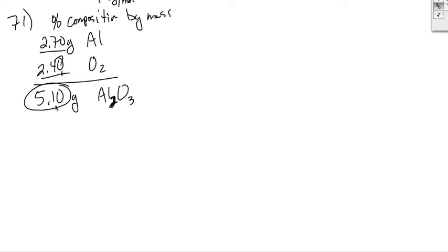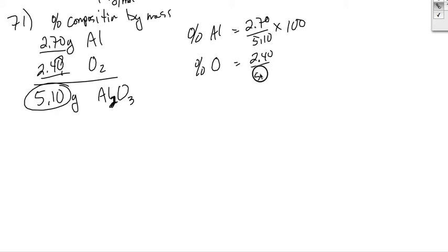So now I realize that my percent composition of the aluminum is my 2.7 out of the total of 5.10 times 100. And my percent oxygen is going to be the 2.40 over the total times 100.